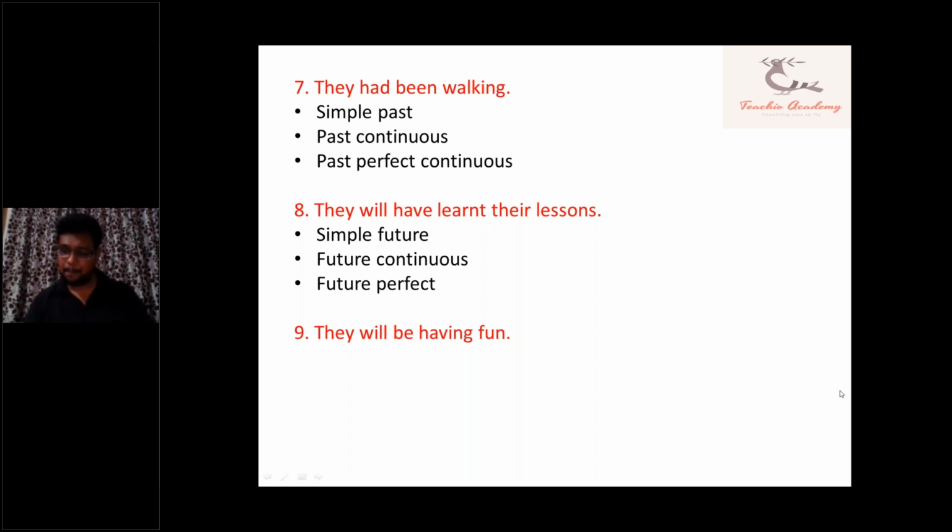Has this thing happened? Is it done? They will be having fun. Is it done? Nirma, I'm asking you. Nirma, you reply to me that they will be having fun. Have they ended having fun? Is it done?